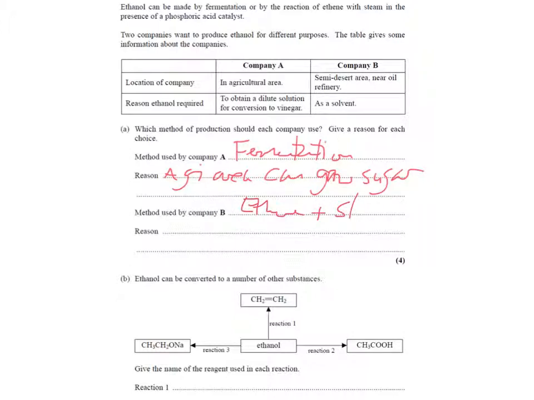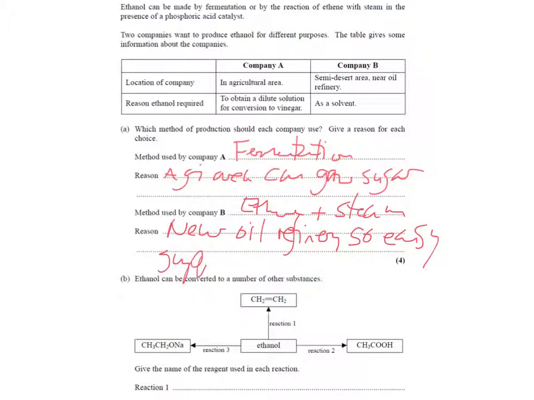And you need to highlight that it's near an oil refinery, so easy supply of ethene. You could also say that the land in a semi-desert area would be very poor for growing sugar.